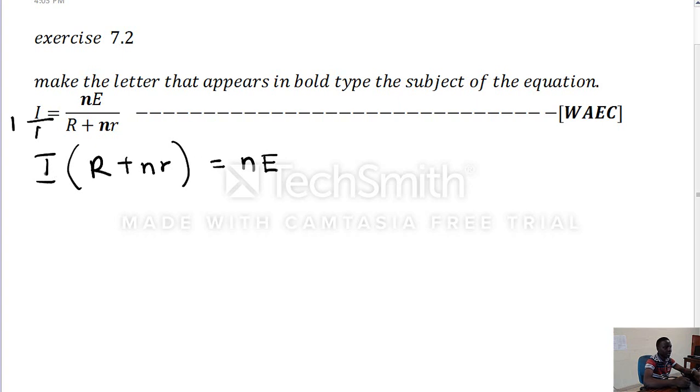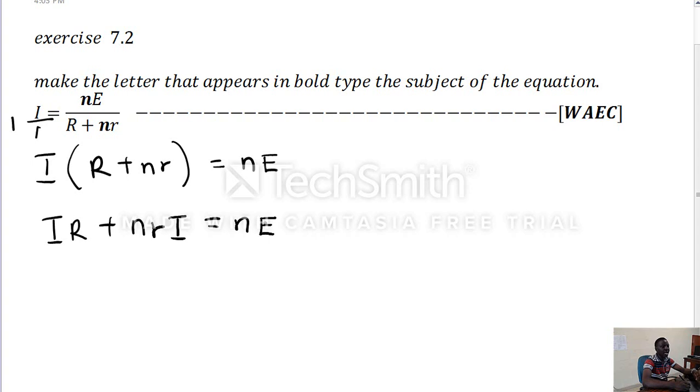I'm going to open this bracket because my intention is to make n the subject of the formula. So I want to collect like terms, of which I have n on the right hand side and as well as on the left hand side. So I'm going to use this I to expand this bracket, leaving us with I r plus n r I is equal to n E. Next is to collect like terms.